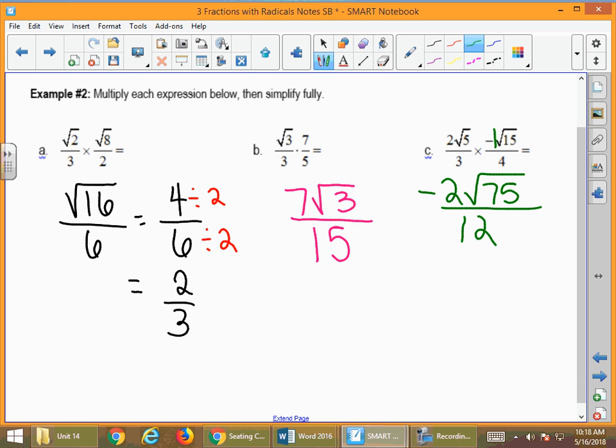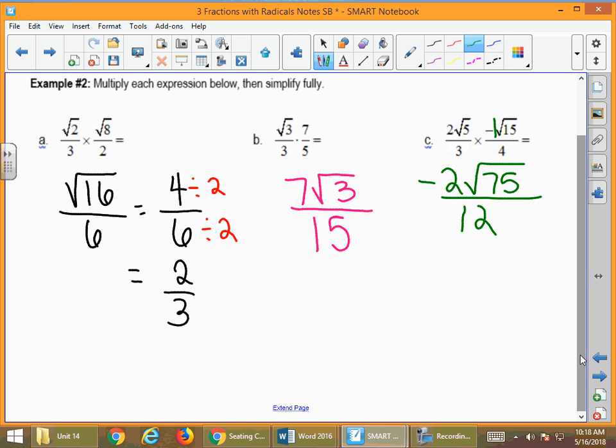And now the thing to notice is that 2 and 12 can be simplified. 2 goes into 2 one time. 2 goes into 12 6 times. But we still are not done with this problem.